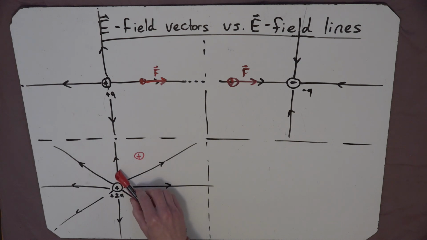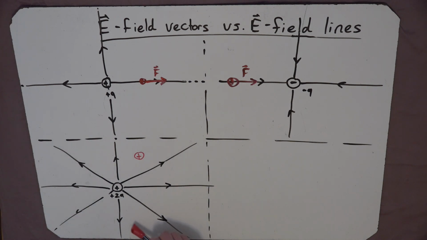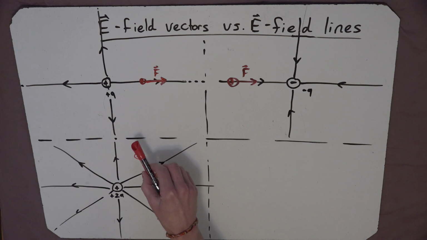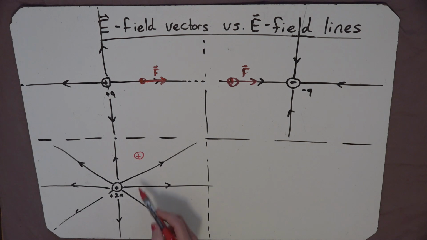So the closer you are to the source charge, you can see that the lines are closer together, so the field is stronger. As you move further out, the spacing between the lines becomes greater, and correspondingly the strength of the E field becomes weaker. If you're wondering how to determine the strength of the E field at this point in the lines representation, what you need to do is think about what other points have exactly the same strength of E field.